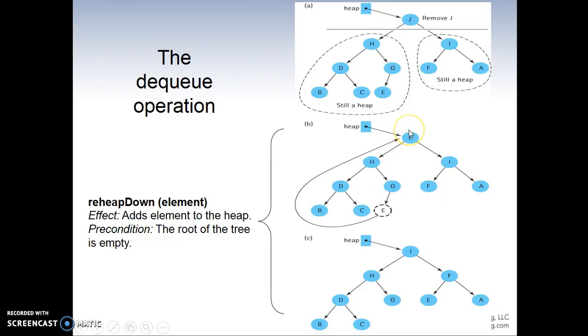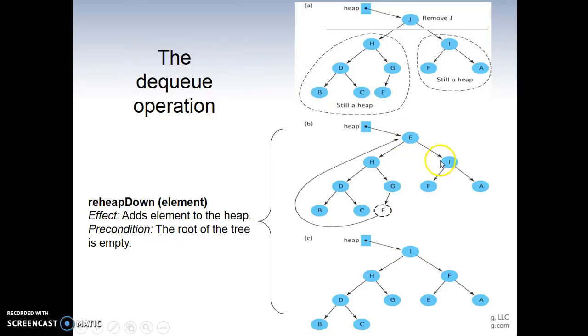But we have to move E down, because we want to keep the order property. The order property means I have to find which one is the greatest among E, H, and I. We see I is the greatest, so I has to go to the parent instead, because the order property means the parent is always greater than its children.